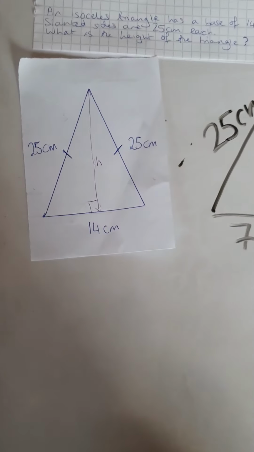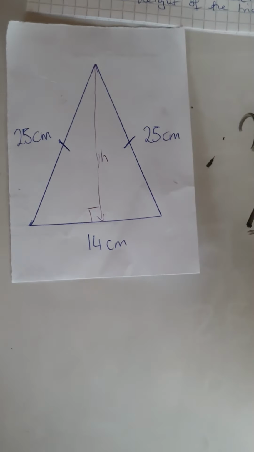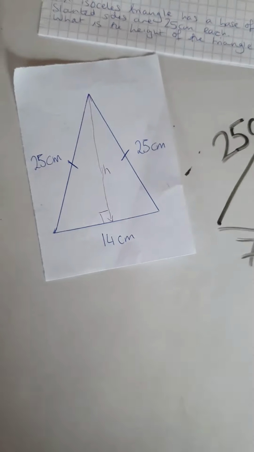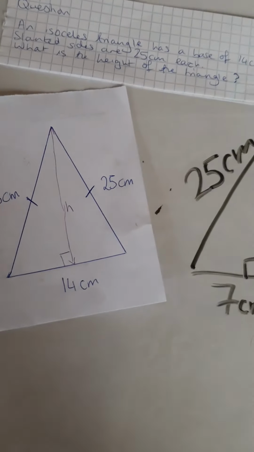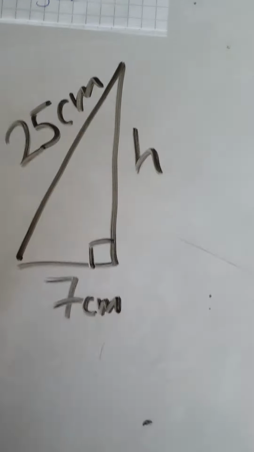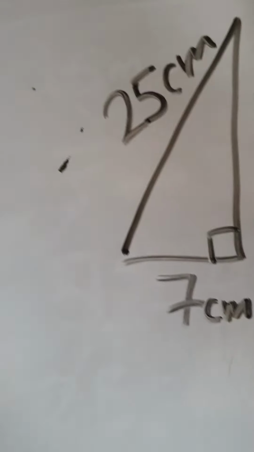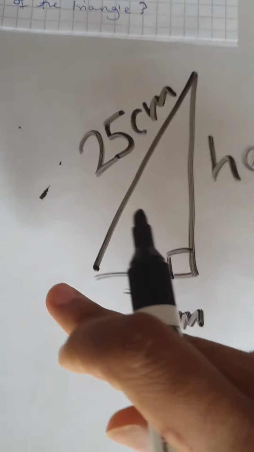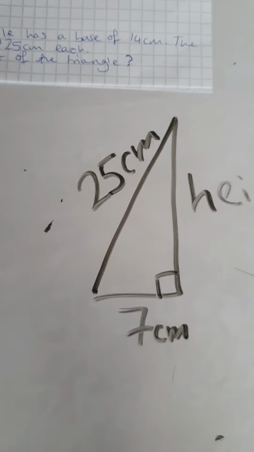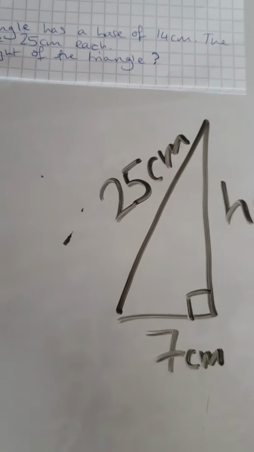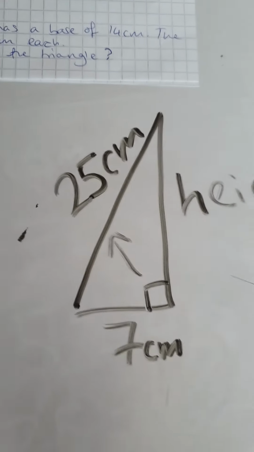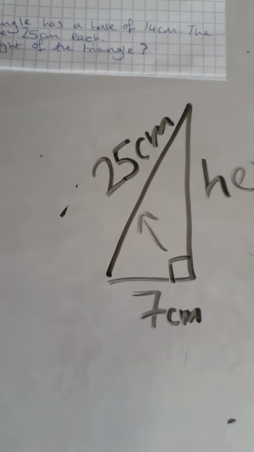Because it is an isosceles triangle, when you find from tip to base, it's always going to be halfway through. So now I've got another right angle triangle that I can find just as normal. This is my height. This is my slanted height. That's my other one. This is my hypotenuse because it is opposite the right angle. And now I can solve as usual.